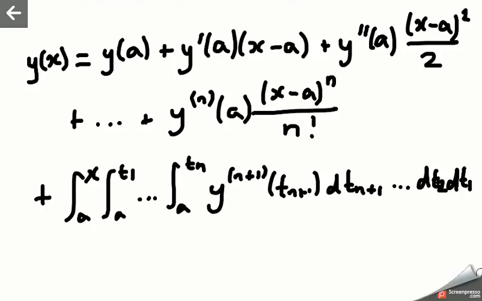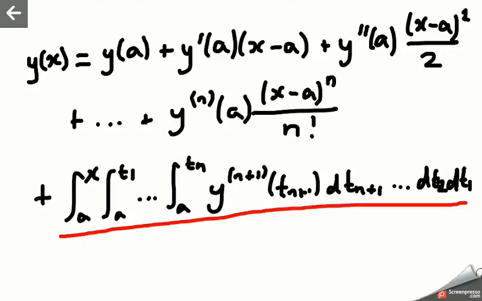We can't make it any simpler, but what we can do is instead, let's just call this thing Rn of x. Still a function of x, still depends on x. So this red underlined part is going to be Rn of x from now on. And so, let's write it out one more time.